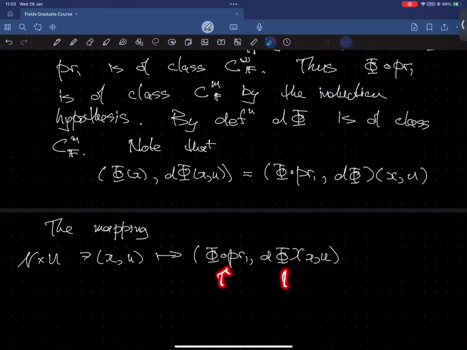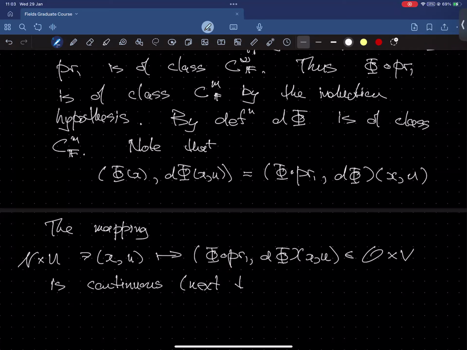This lives in V, and this lives in V. In fact, it lives not just in V, but in O cross V. It's continuous, and we'll prove this next time. Oh, sorry, it's not just continuous. It's of class CM.